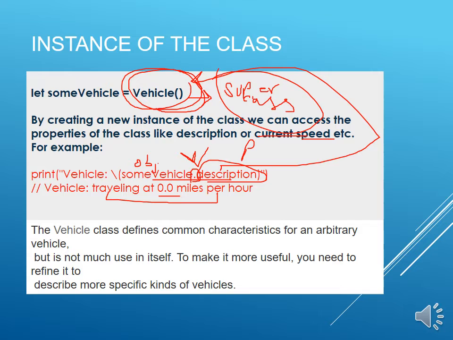These have more properties, like more specified speed, wheels, or engine. So we can enhance our Vehicle class by creating its subclasses, and with the help of objects we can access the properties of the superclass in our subclasses.